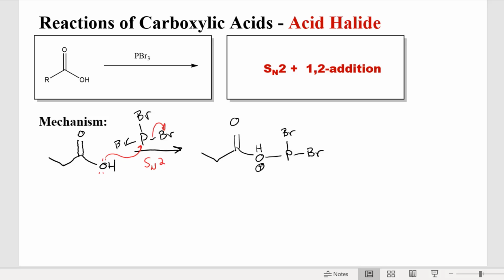And then you follow that with a 1,2 addition. The bromine that got kicked out can't do another SN2 because we've got a carbonyl here. So it's just going to do in and up.